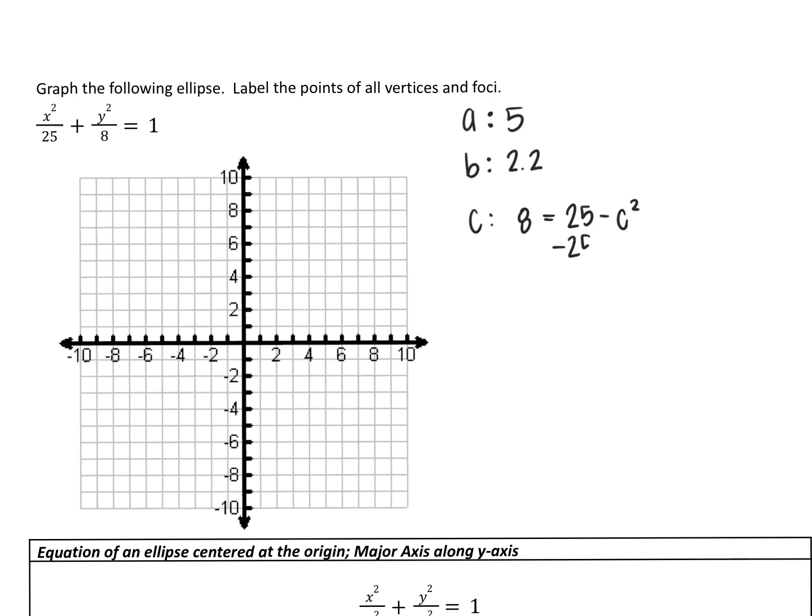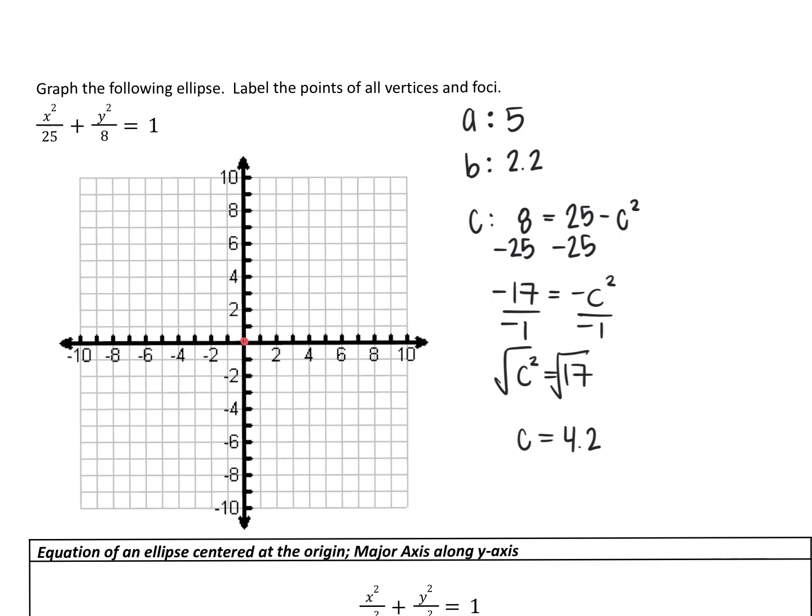So we're going to subtract 25 from both sides, and we're going to get negative 17 equals negative c squared. Divide by negative 1, and we'll get c squared equals 17. Take the square root, and c is going to equal 4.1. So now I can go ahead and graph my ellipse.